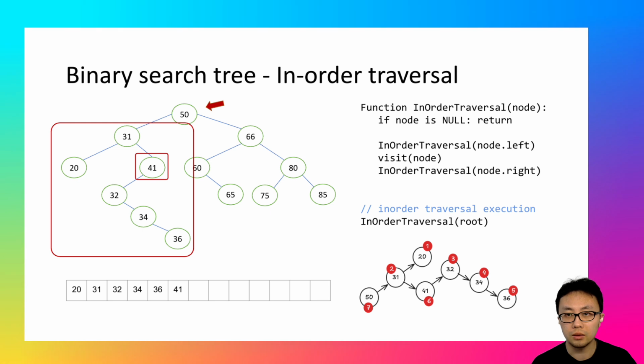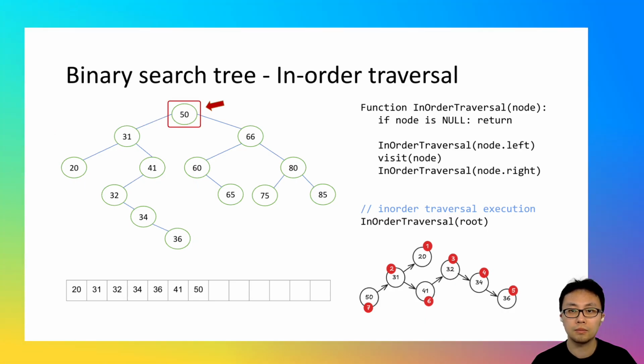Now you have visited every node in the left subtree of the root node. It is finally the turn to process the root node. Same, you will write its value, or say copy its value, to the array that we prepared, like this. For simplicity, I won't go over each node in the right subtree.